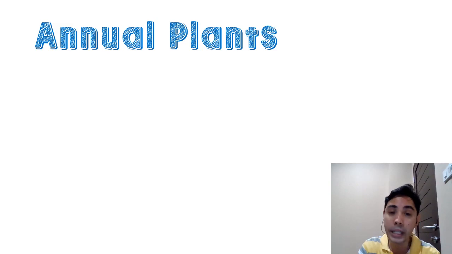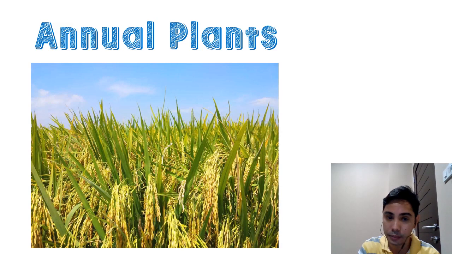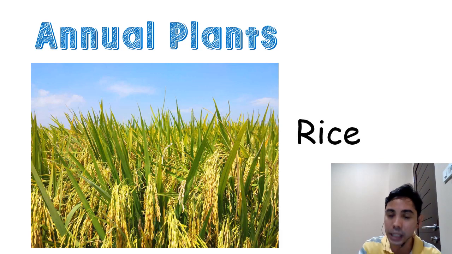It takes them 1 year to grow. Do you know what's this one? We eat this every day. Do you know what's that? Yes, it's rice. Rice grows 1 year.